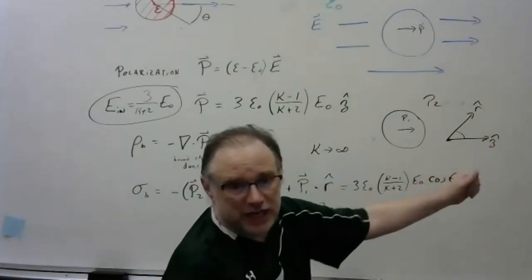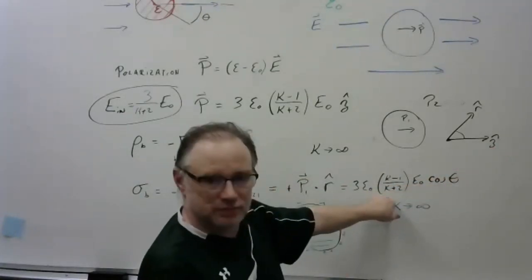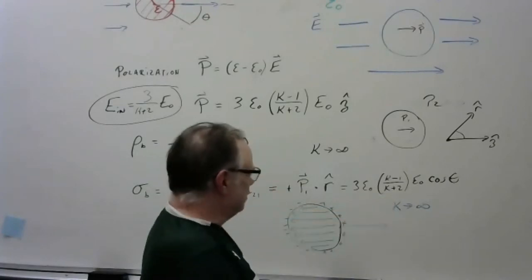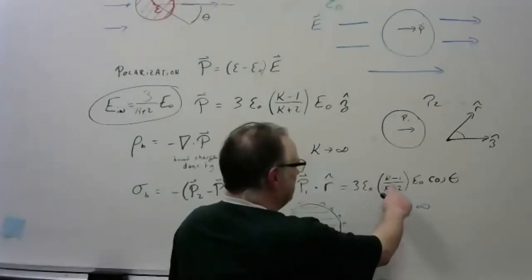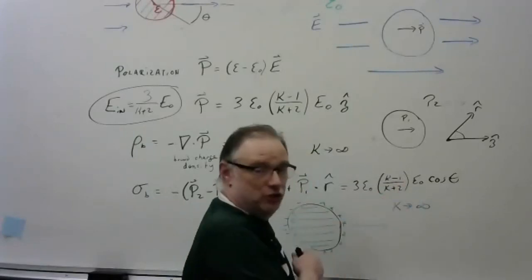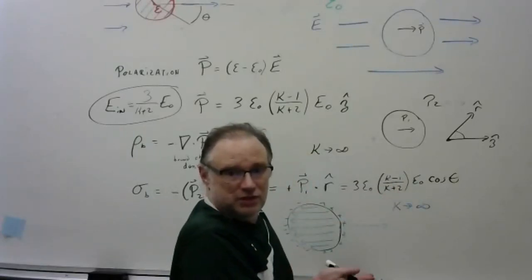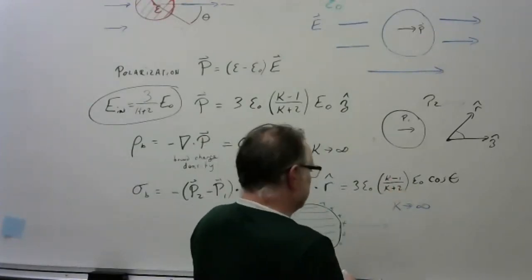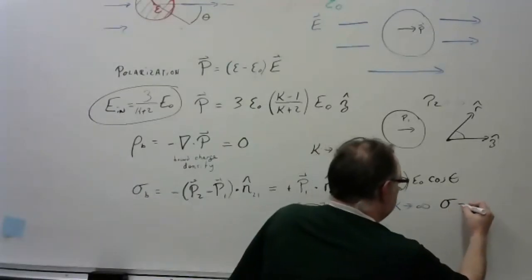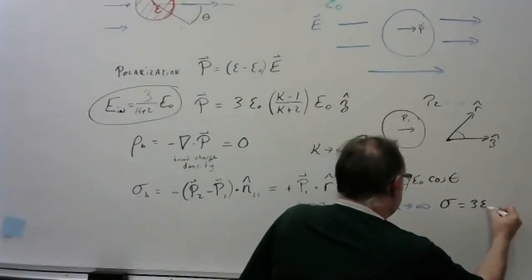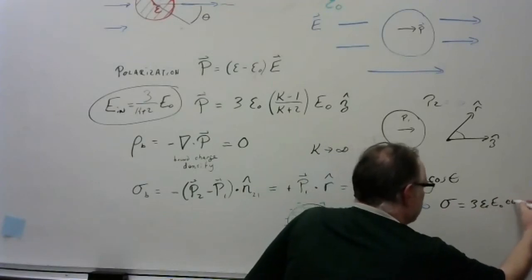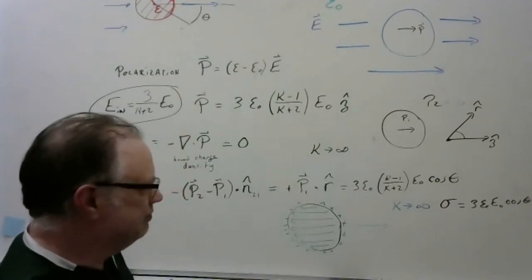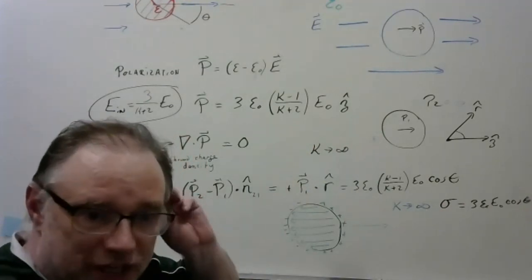So it's infinity minus 1 divided by infinity plus 2. The plus 2 washes out, so this part is just 1. So the sigma becomes 3 epsilon naught E naught cos theta. That's what happens if kappa goes to infinity.